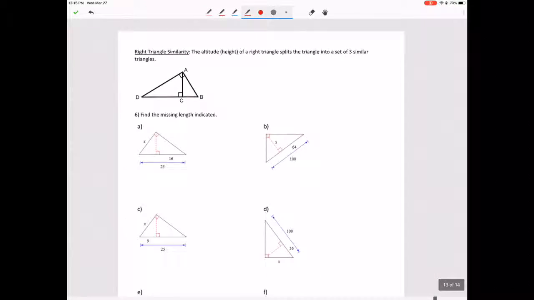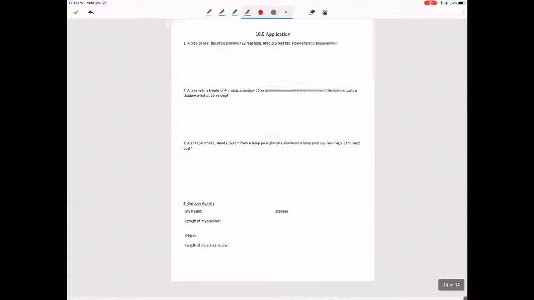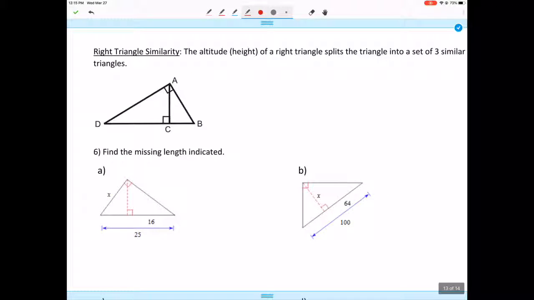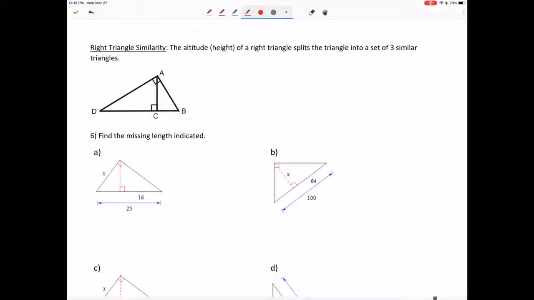All right, last one: right triangle similarity. Okay, the altitude or height, which would be this, of a right triangle splits a triangle into a set of 3 similar triangles. So look at that. We've talked about this at the very beginning where we had that first little quiz.